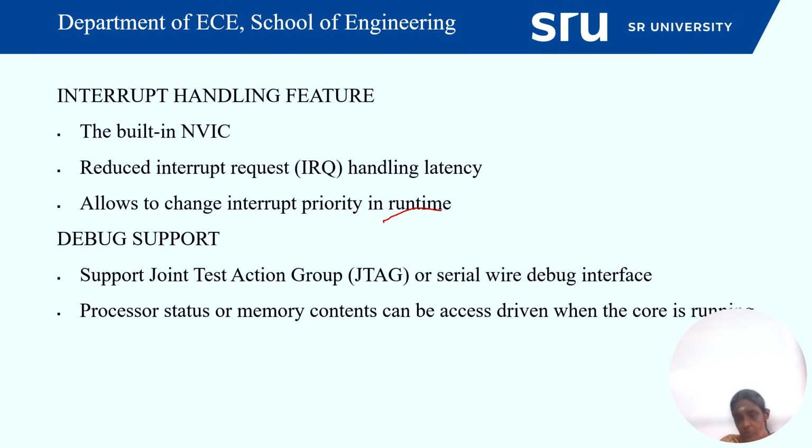So which one comes first, which one comes next, everything will be decided by the Cortex architecture only, and it is not uniform at all times. They may change depending on the requirement. The processor status or memory contents can be accessed while the core is running. So this is also another support.